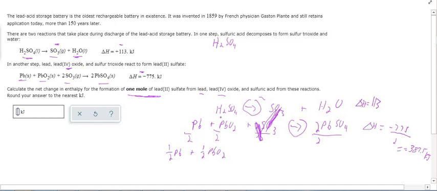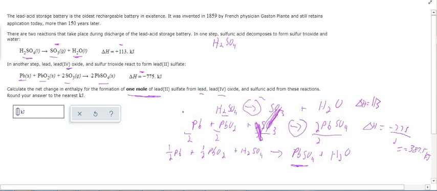I still have the sulfuric acid up there, plus H2SO4. I didn't have to change that at all. And that's going to yield PbSO4 plus the water. So now I have the equation that I want, where I'm making 1 mole of PbSO4.